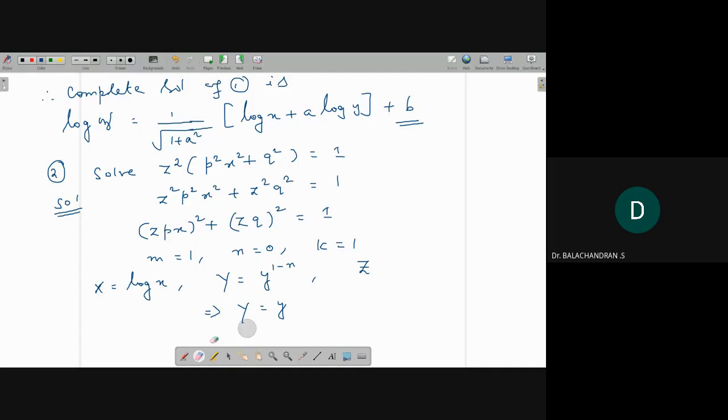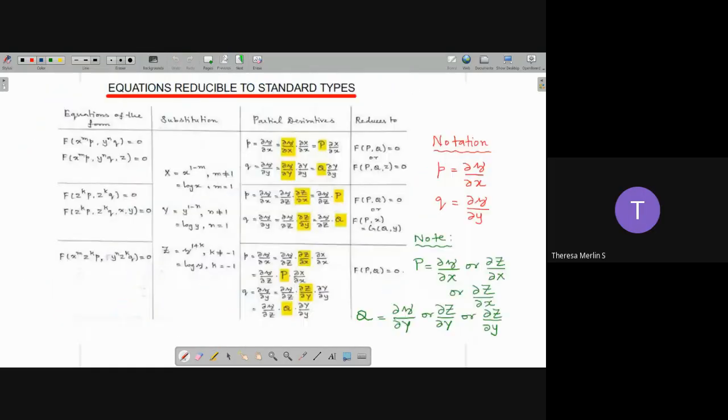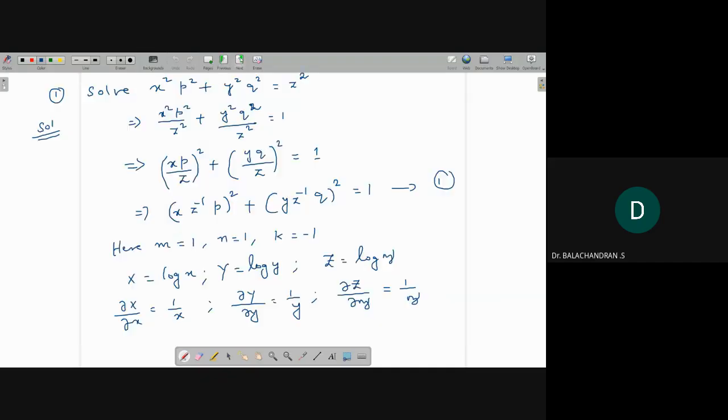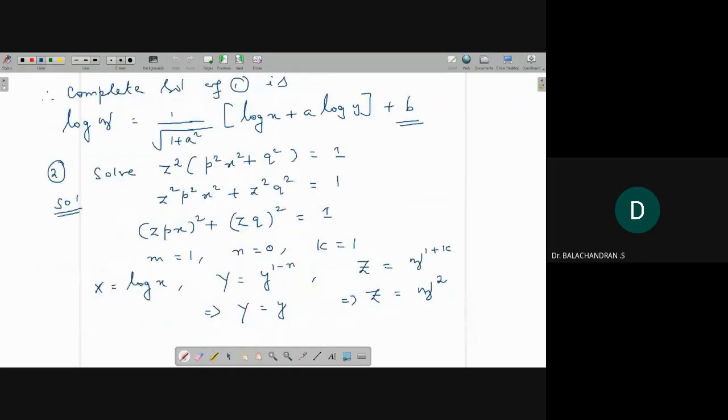Otherwise, capital Z is equal to z power (1 plus k). Is it correct? Yes, sir. So k is 1, so capital Z is equal to what?